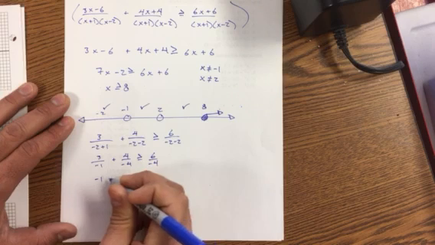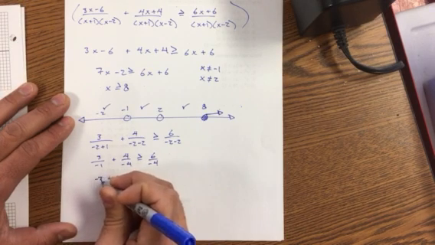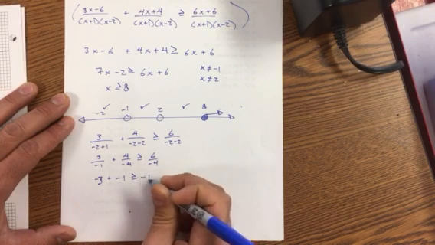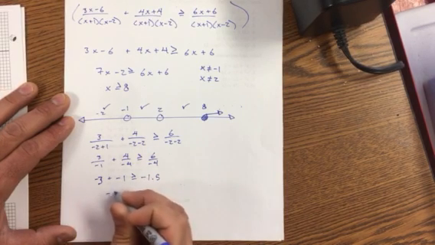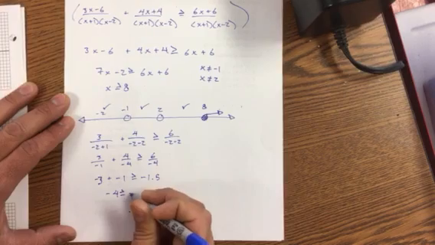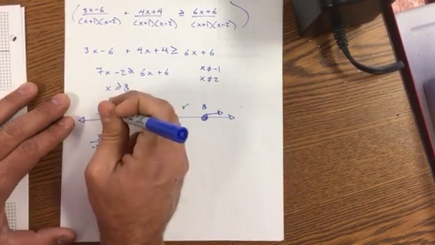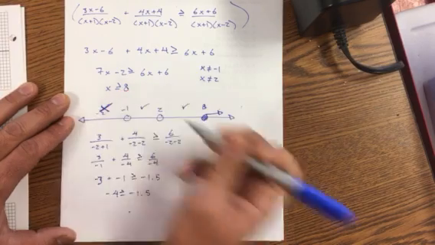That's -3, sorry. That's -3 plus -1 is -4, greater than or equal to -1.5. That is not true. So this area over here can't be in the solution.